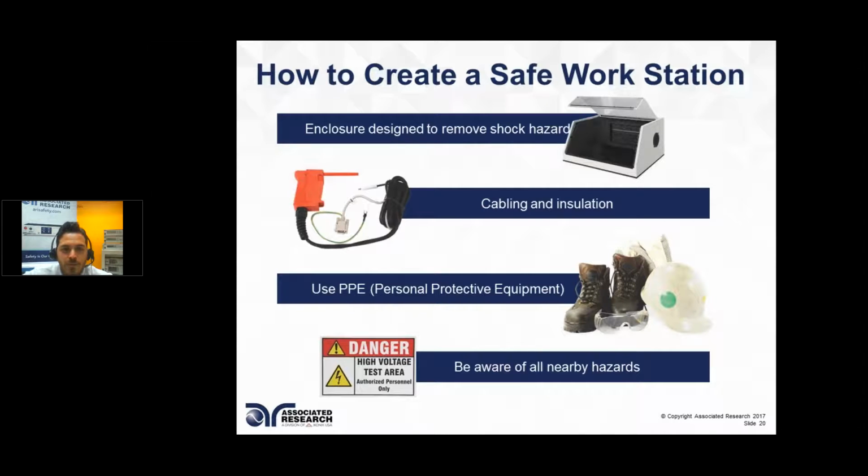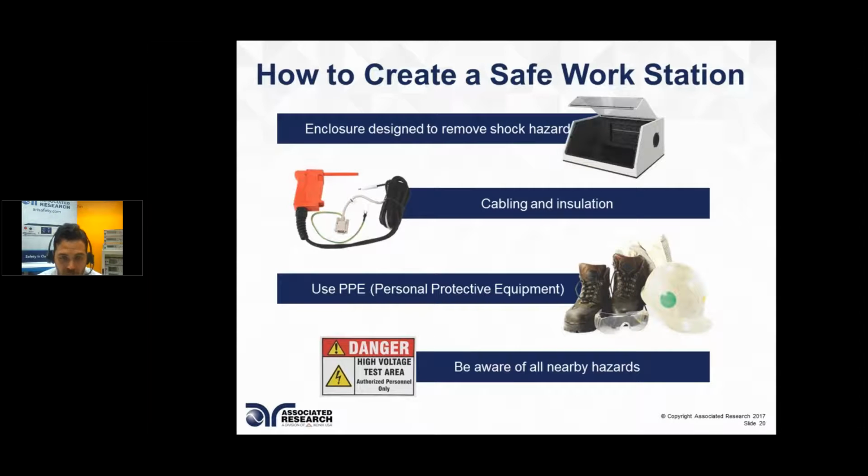So let's talk specifically about these PPE products. What's a DUT enclosure, right? We sell these. It's an enclosure designed to remove shock hazards. So how does it do that? Well, this enclosure is directly connected to our interlock.